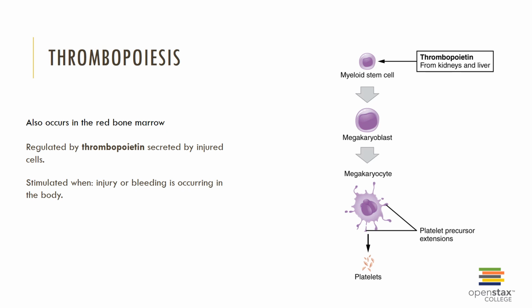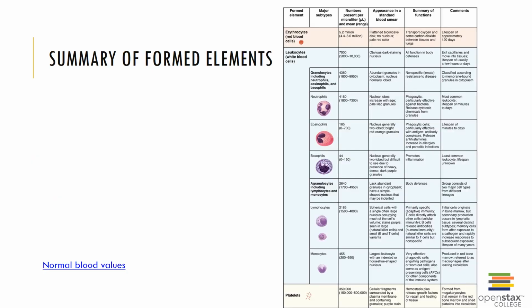Megakaryocytes are enormous multinucleated cells which pinch off membrane-bound packets containing enzymes and other chemicals necessary for blood clotting. Once in circulation, these packets are known as platelets. And here is a summary of the formed elements which we just discussed.